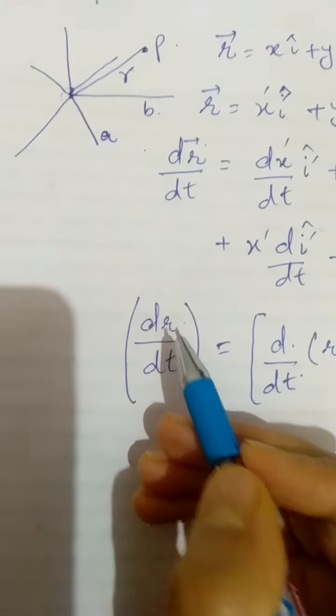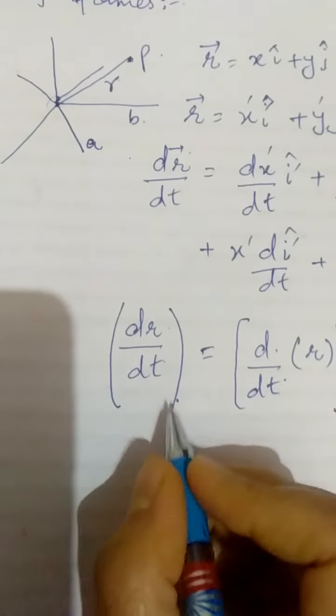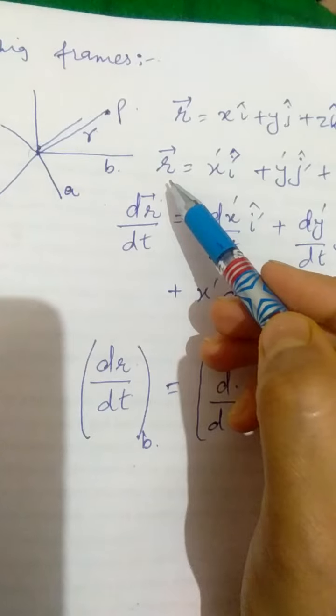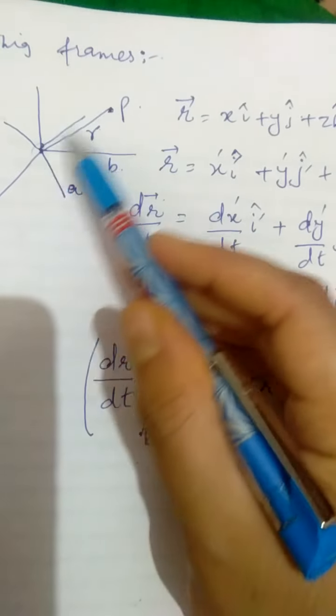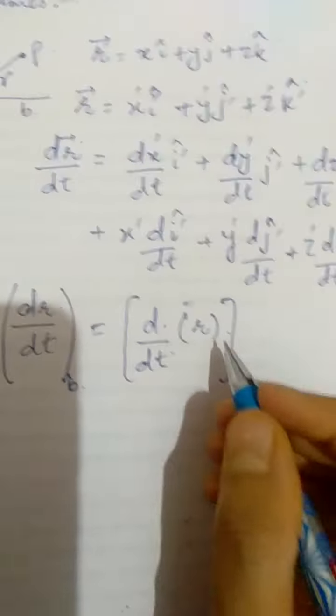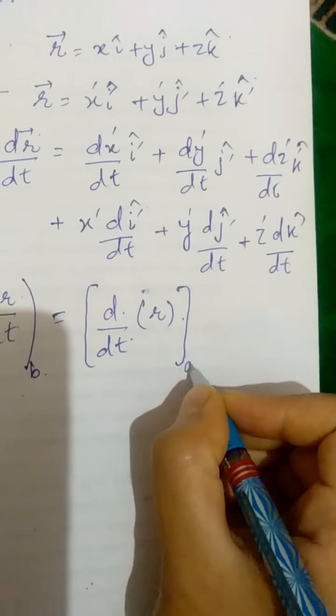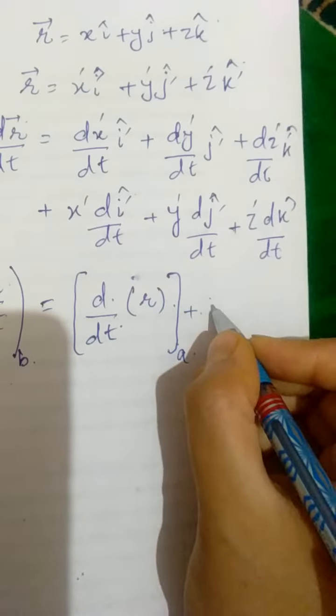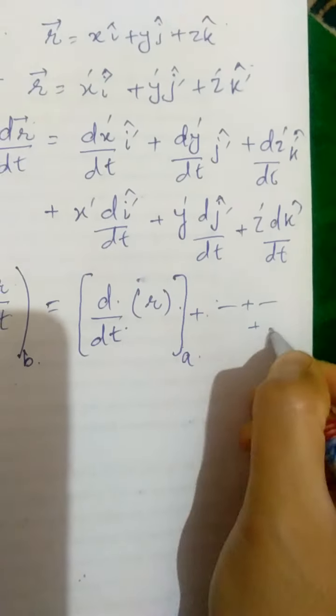Now we know that r is a common choice between a and b, so here I can choose to write b. It doesn't matter whether we define r here and r here because the distance is essentially the same. So here I choose the frame of reference b, here it is the frame of reference a, plus these three terms, one term, another term and another term.